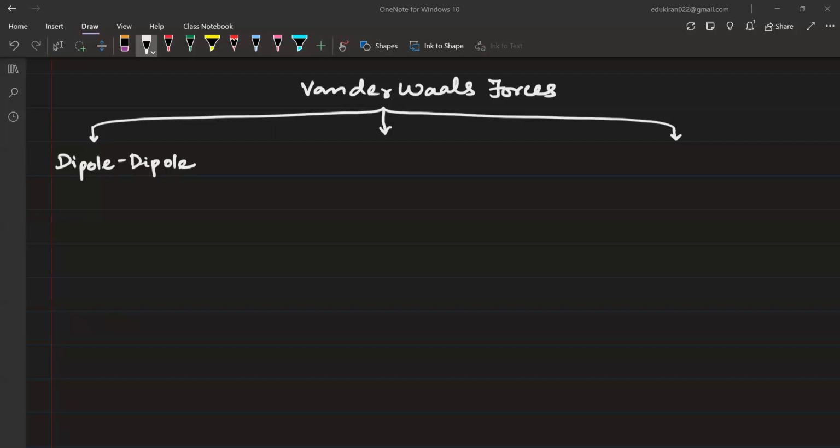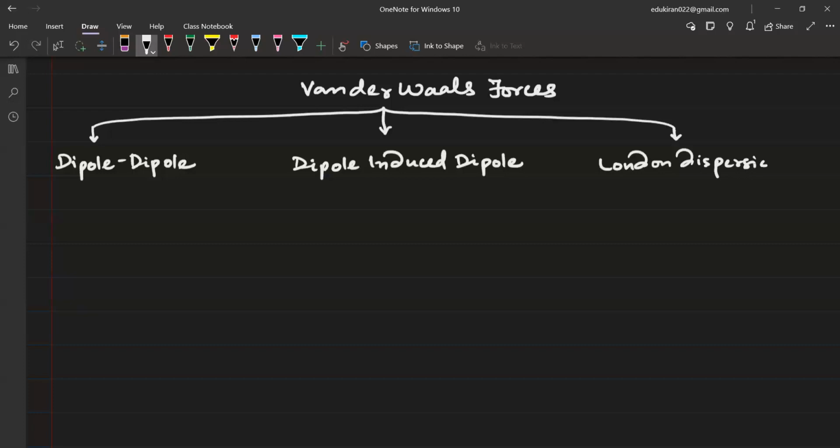Other one is known as dipole induced dipole. And the other one is known as London dispersion forces or instantaneous dipole, जो हम लोगों ने exactly पढ़ा. Okay.